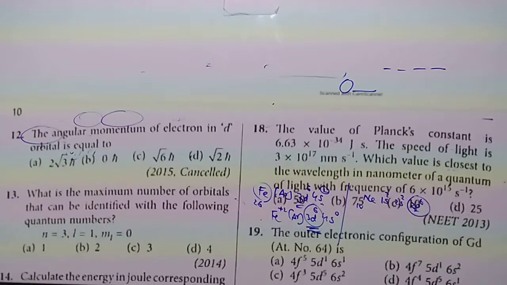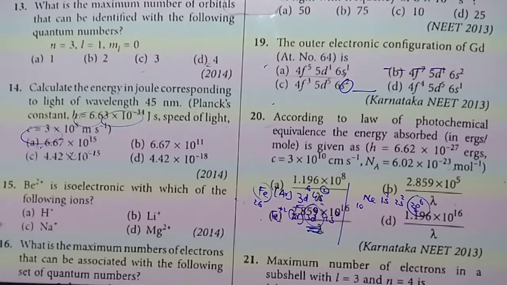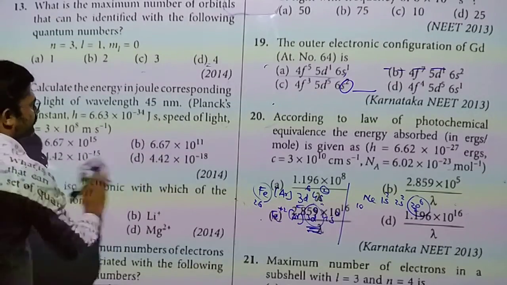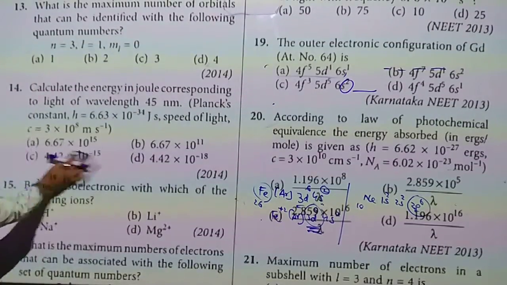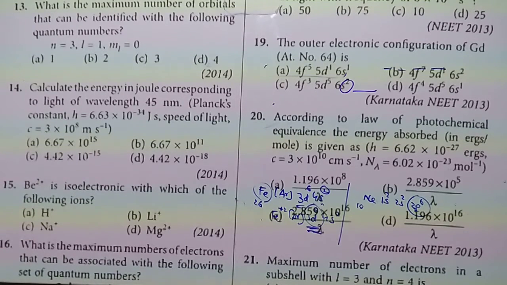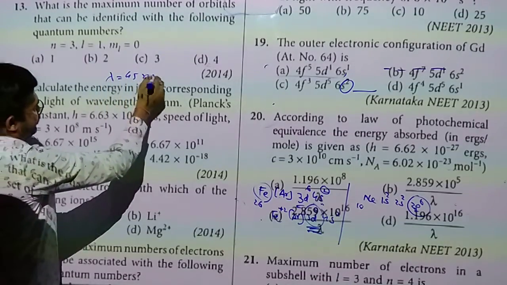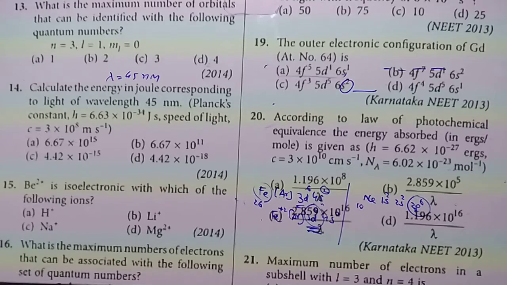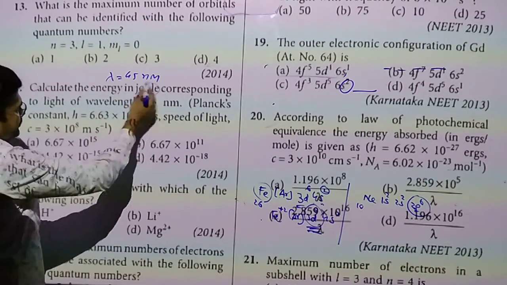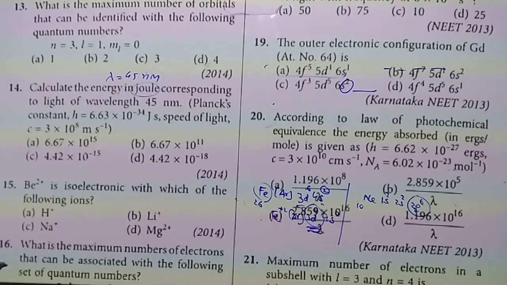Now 14. Calculate the energy in joule corresponding to light of wavelength 45 nanometer. Here wavelength is given, 45 nanometer. Energy we have to count in joule, so we have to convert into meter.